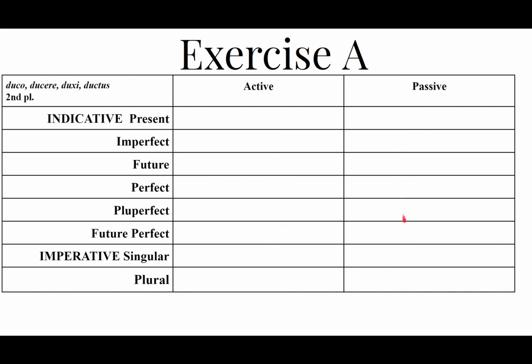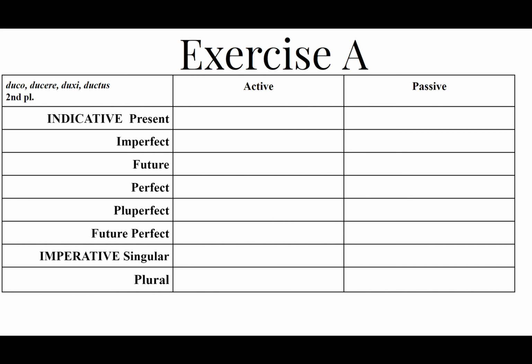Perfect, pluperfect, future perfect, fourth principal part, ductus, but make sure you give it plural endings: ducti, ae, a estis, ducti, ae, a eratis, ducti, ae, a eritis. Now for the imperative singular, hold up. Remember, there are four irregular imperatives in Latin, and they sound like funny English words: dic, duc, fac, and fer.